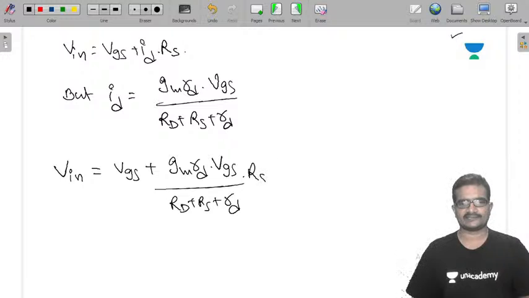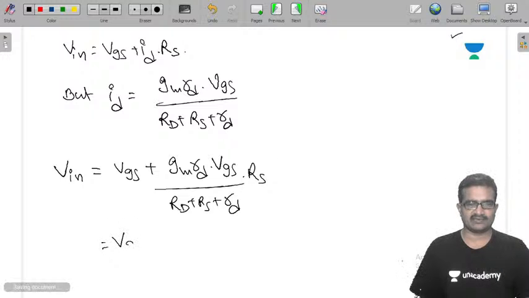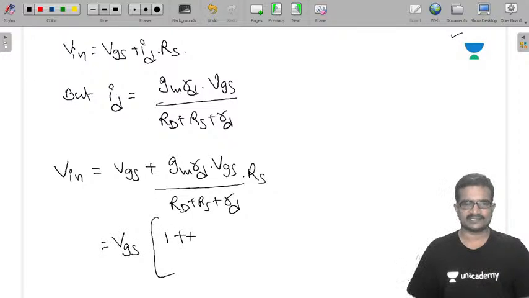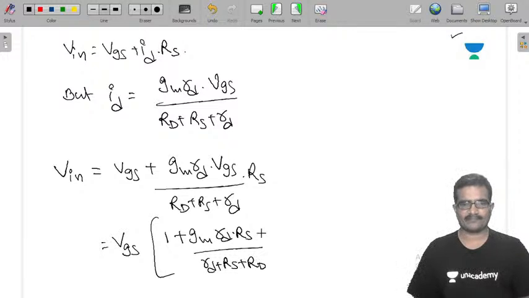Taking VGS common, it is 1 plus gm into small rd into capital RS by (RD plus RS plus capital RD). This is the equation for input.